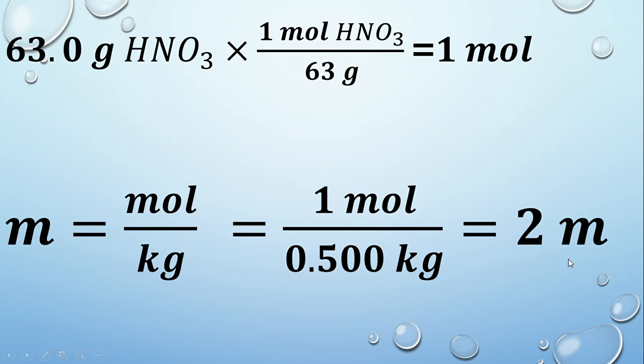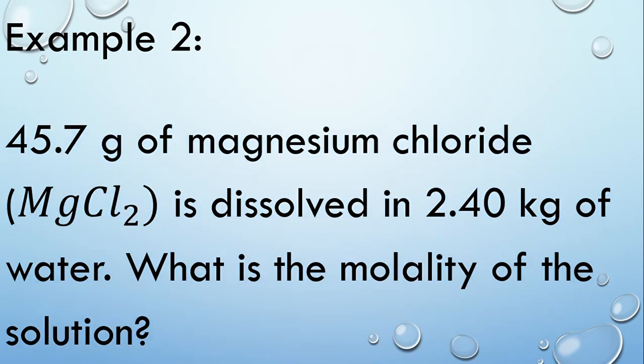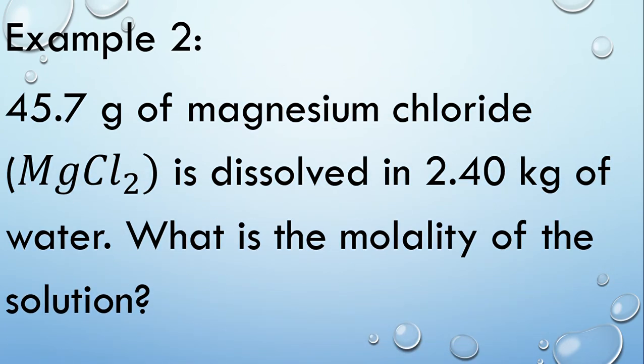Okay? So next example. Next example is that, okay, so 45.7 grams of magnesium chloride. So the chemical formula of magnesium chloride is MgCl2. So your magnesium chloride is dissolved in 2.40 kilogram of water. So what is the molality of this solution?